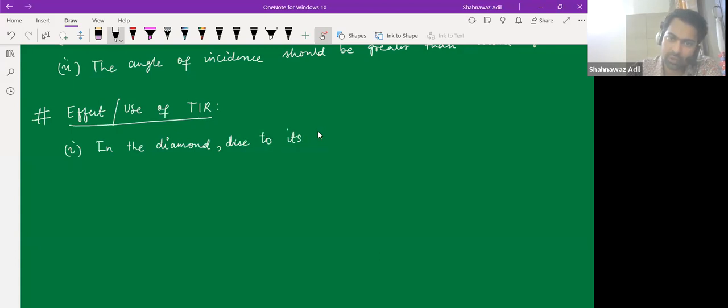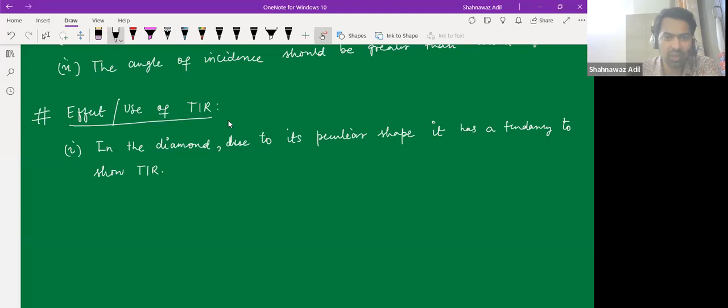The shining of the diamond comes from this TIR.